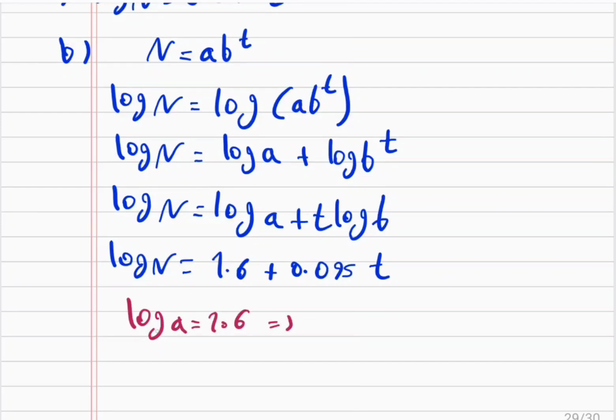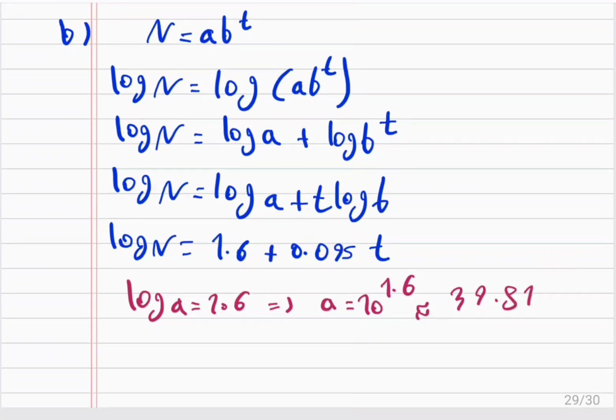And now remember that the base of log in general is 10. So in this case, we'll have a is equal to 10 to the power of 1.6. And this is approximately equal to 39.81.